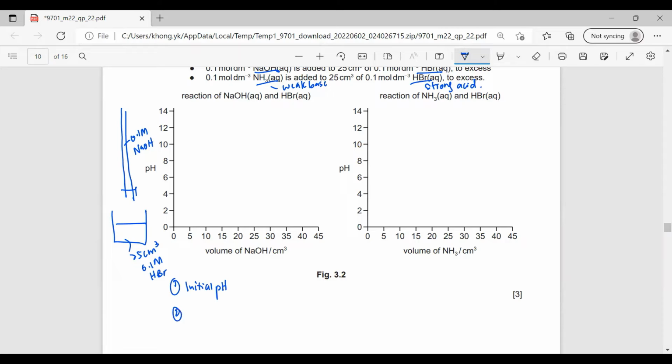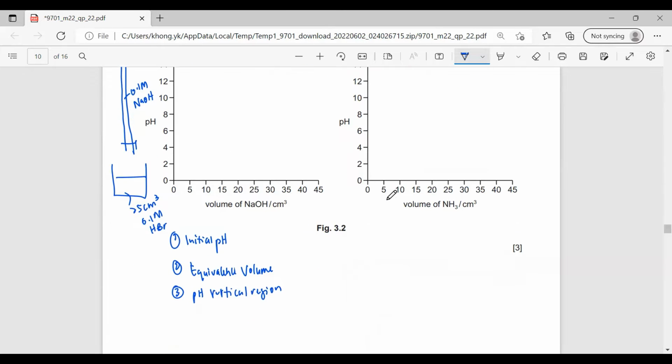The second one is the equivalence volume. The third one is the pH of the vertical region of the graph. And the last one is the final pH.